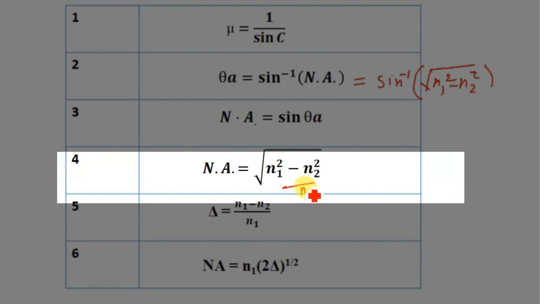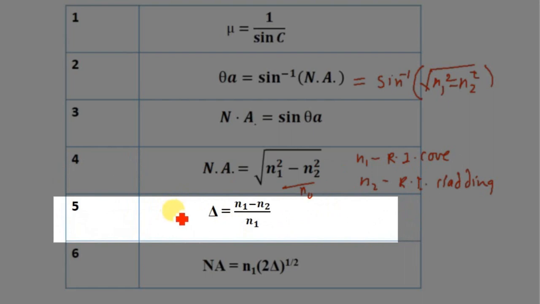So in most problems we do not take this particular value. Here in this relation n1 is the refractive index of core, and n2 is the refractive index of cladding. Remember, n1 is the refractive index of core, n2 is the refractive index of cladding.